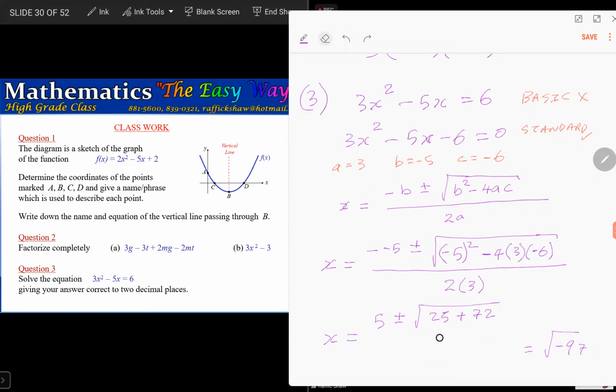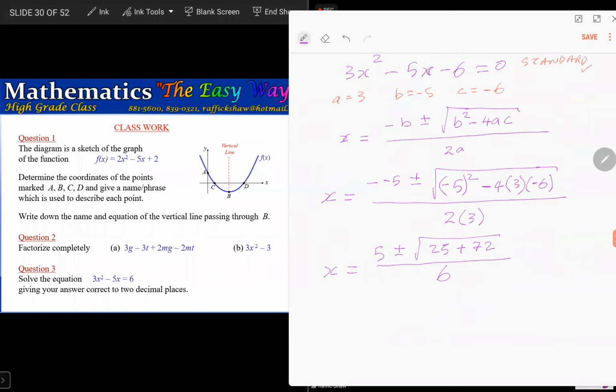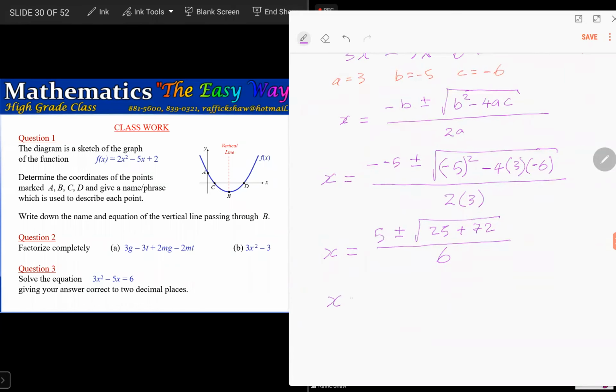So anyway, let's continue now. We're dividing this now by 6. Because I remember some of the mistakes I'm talking about. Divide that by 6. And if we continue up here, then the x becomes 5 plus or minus the square root of 97 divided by 6. All right, so let me tell you the mistake some people make now when they reach out here.